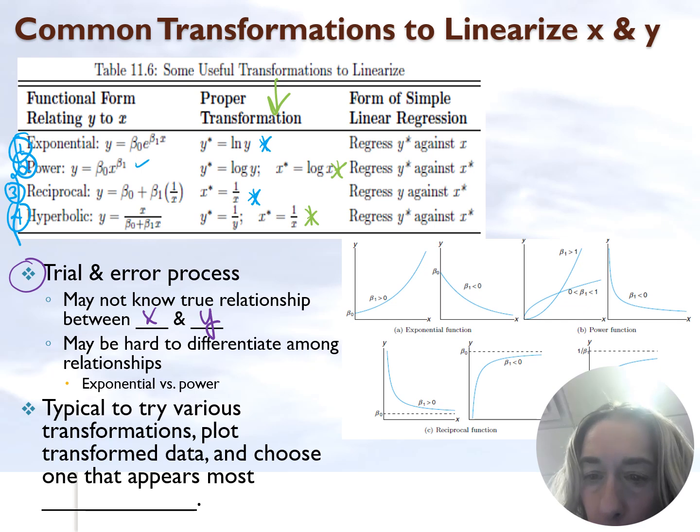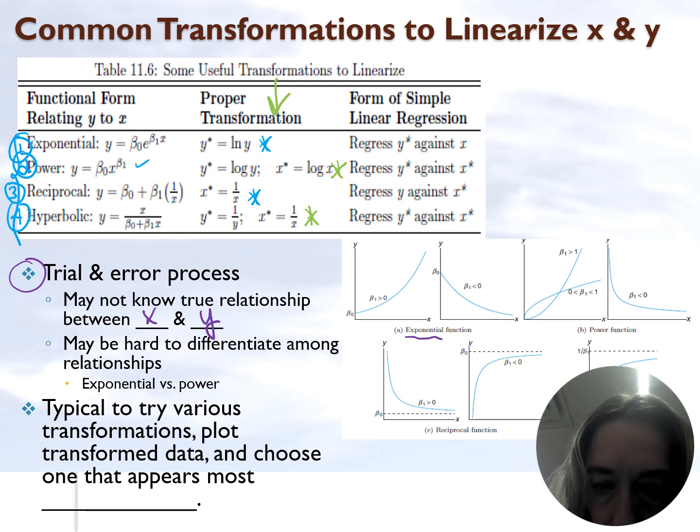Let's look at the graphs on the right. Here the exponential relationship can look something like this. But notice that a power relationship between X and Y is also curved in a similar way. Going back to the exponential, it could also be curved this way.